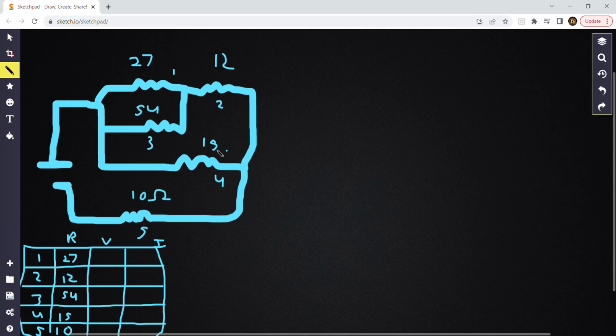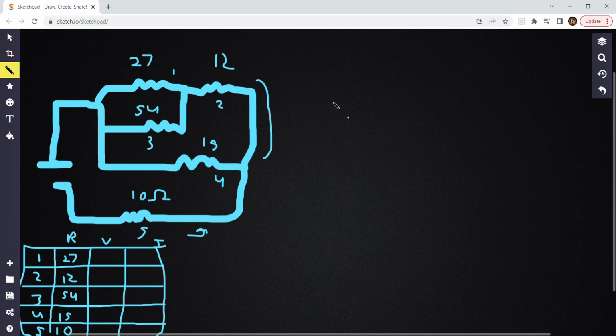First off, to solve this circuit we're going to calculate the REQ. To do that, we have to picture it as these two: this parallel plus this afterwards.